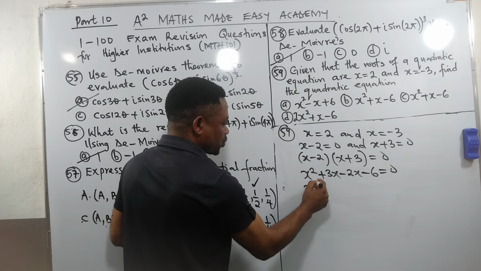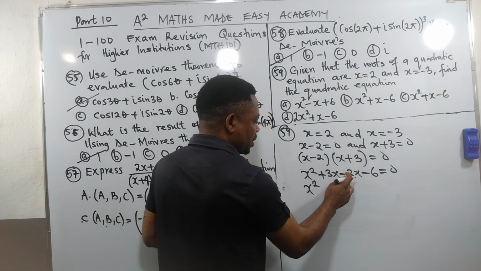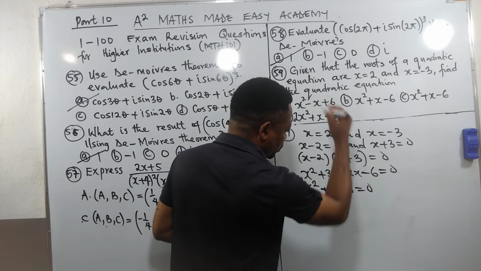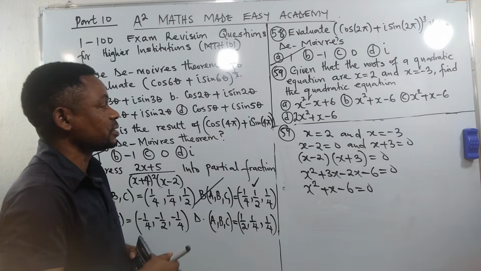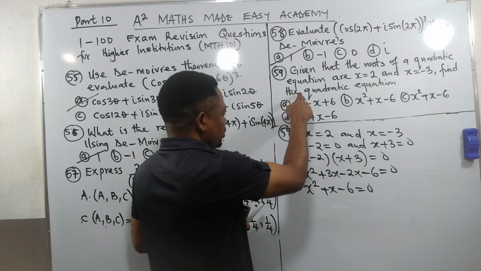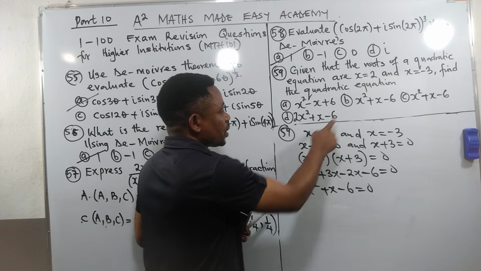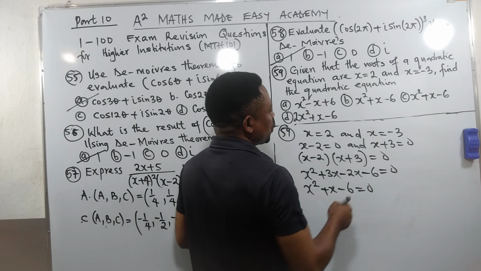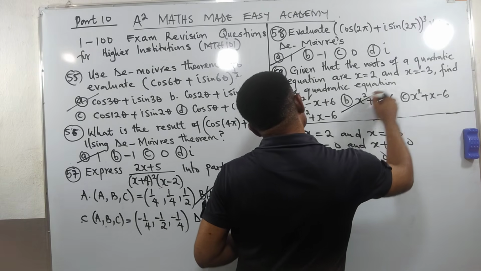So what do you have? x squared plus 3x minus 2x will give you plus x, minus 6 equal to 0. And that is the final answer. Do you have anything like that? x squared plus x minus 6. Wow. So the correct answer in the option is option B.